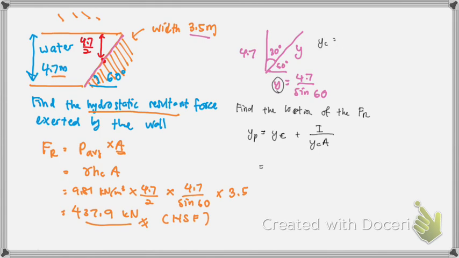This one is equivalent to 5.43, so yc is equal to 5.43 divided by 2 plus the moment of inertia term with the 3.5 width.